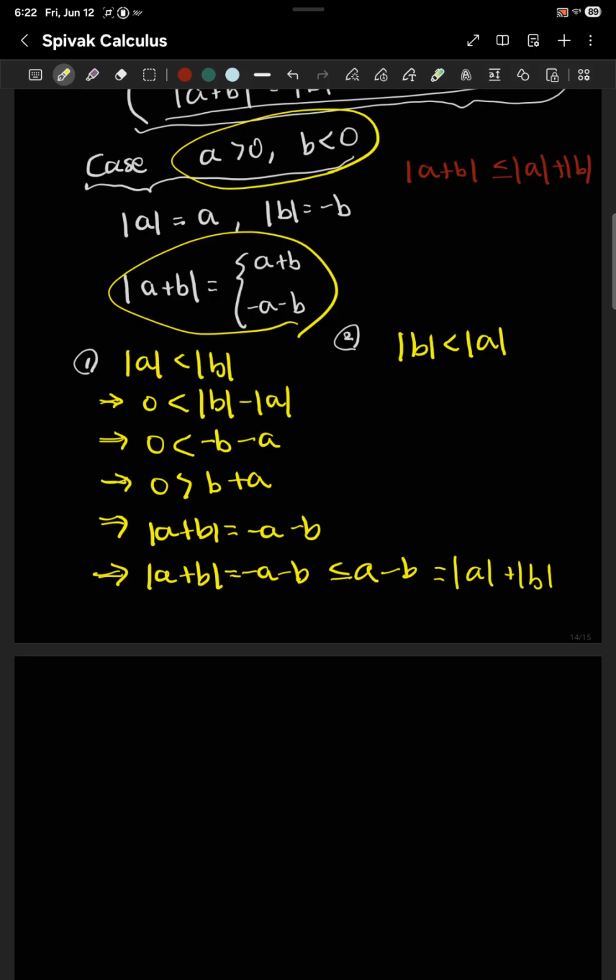Instead of subtracting a positive value, how to explain it.